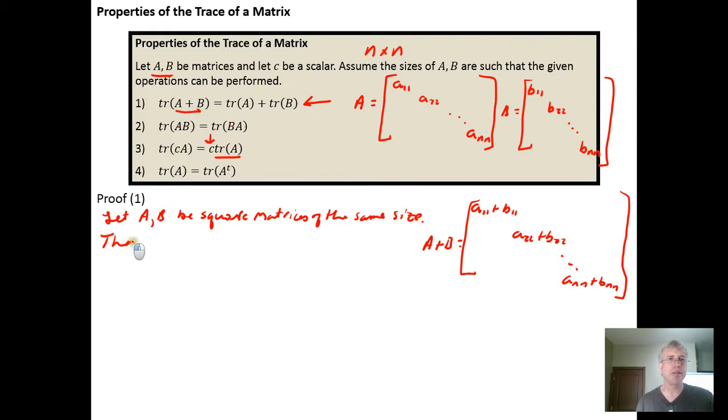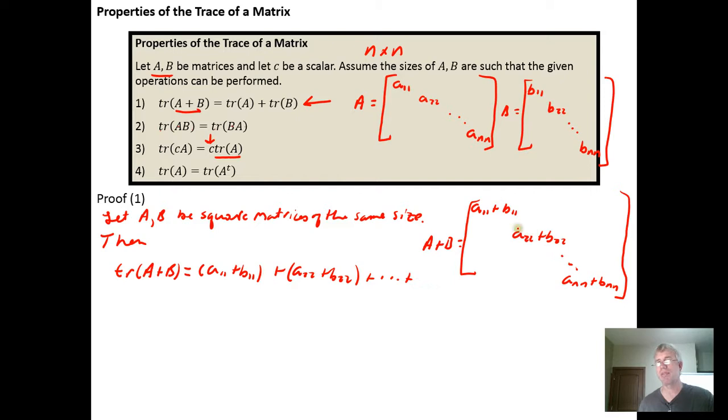Then we can calculate the trace of A plus B. The trace of the sum of the two matrices is just the sum of the elements on the diagonal. So it's going to look like this: a11 plus b11, plus the next element down, a22 plus b22, plus and so on.